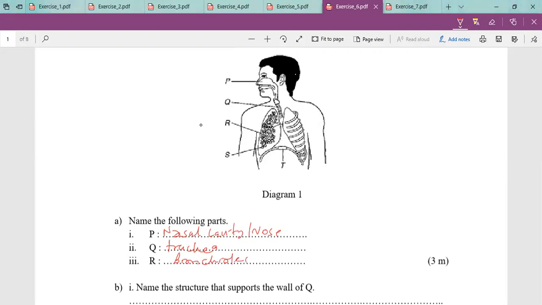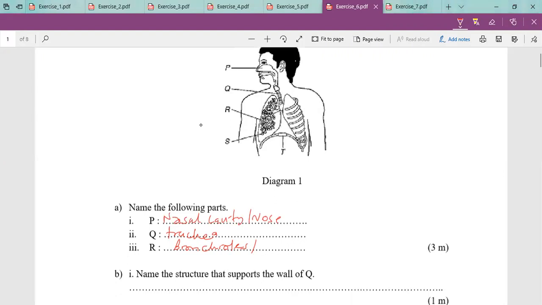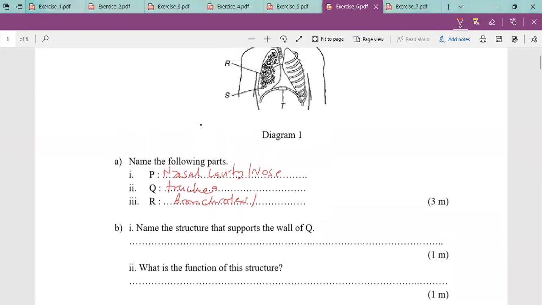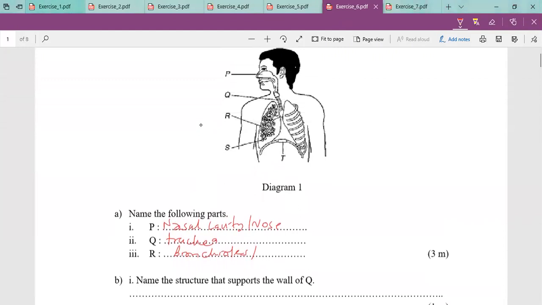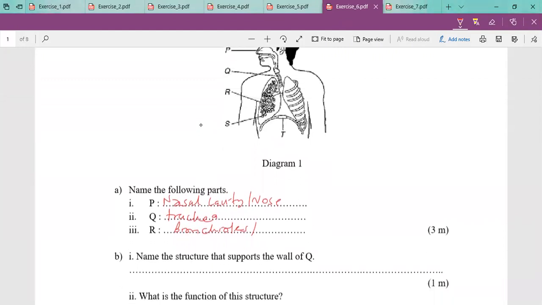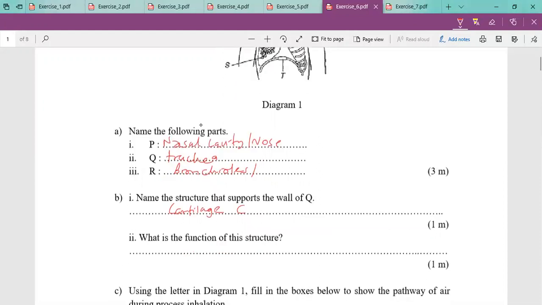It's not actually very clear. Bronchioles. Now name the structure that supports the wall of Q. The structure is a trachea, which is supported by cartilage, a C-shaped structure.